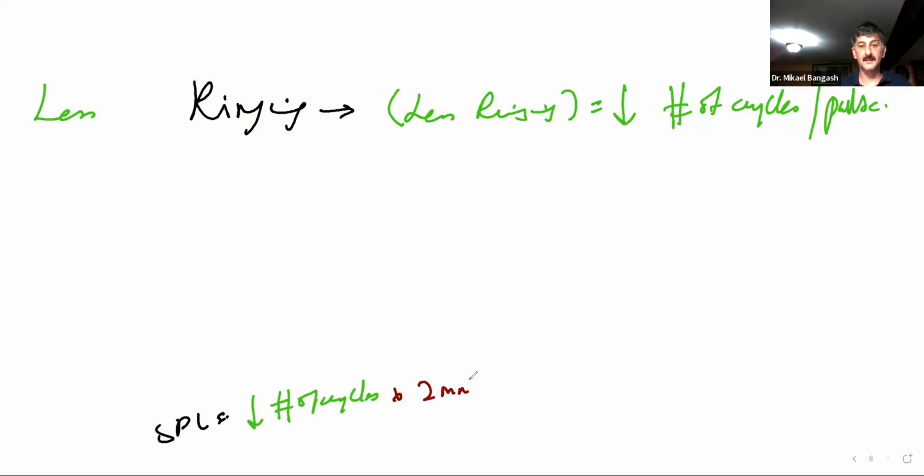Let's say this lesser number of cycles in the pulse is 4. The spatial pulse length in this case will be 8 millimeters. If we divide that by 2, it gives us 4 millimeters, which is going to be the axial resolution's numerical value.